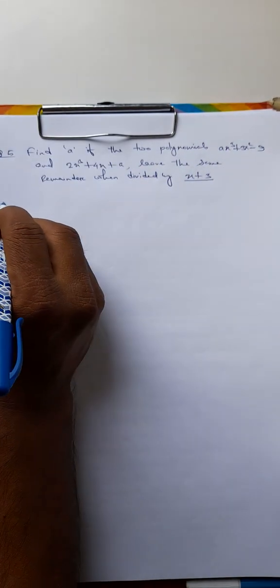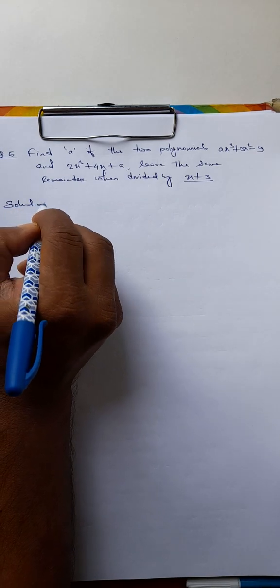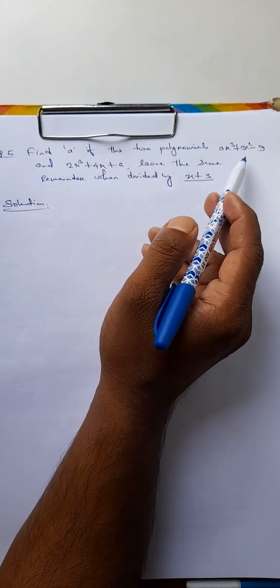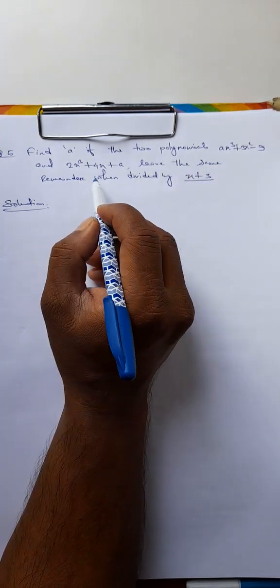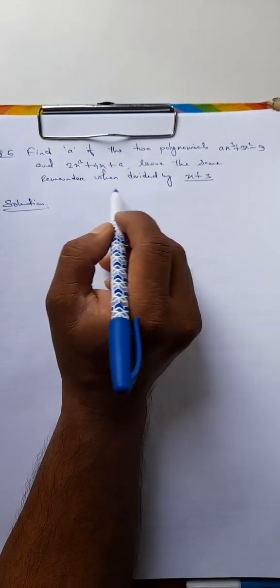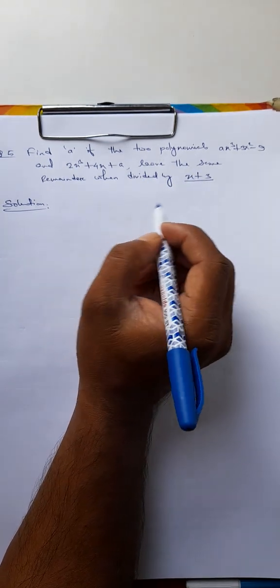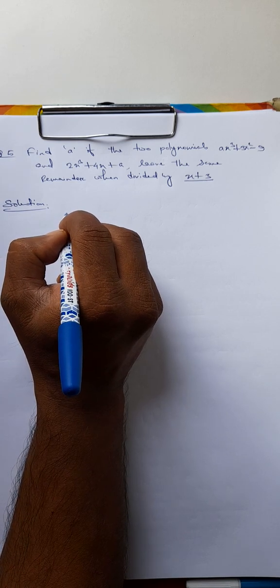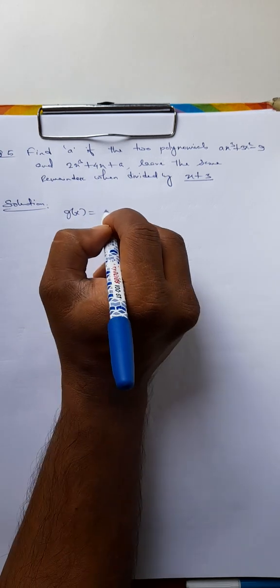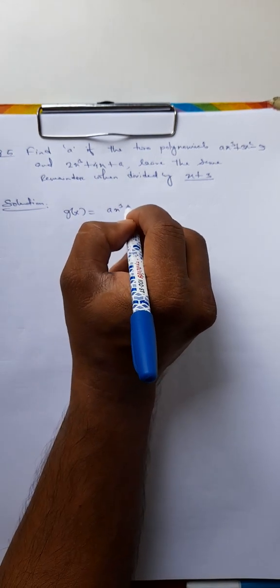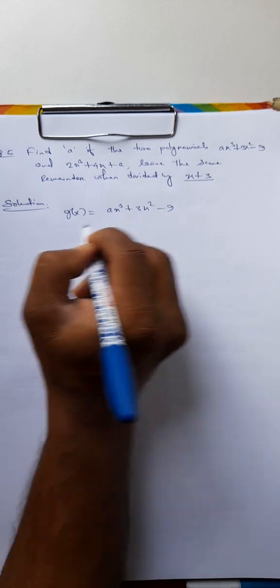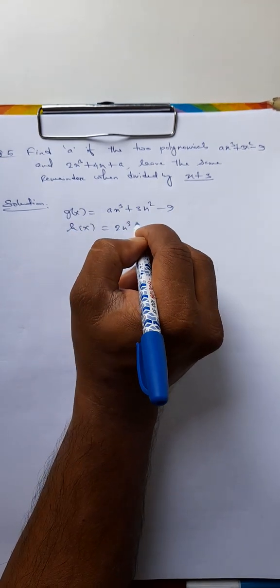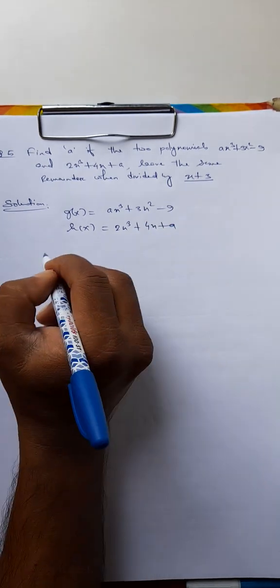Let us solve another problem. Find a if two polynomials ax cube plus 3x square minus 9 and 2x cube plus 4x plus a leave the same remainder when divided by x plus 3. Here you are given two polynomials. Say g of x equal to ax cube plus 3x square minus 9, h of x equal to 2x cube plus 4x plus a.